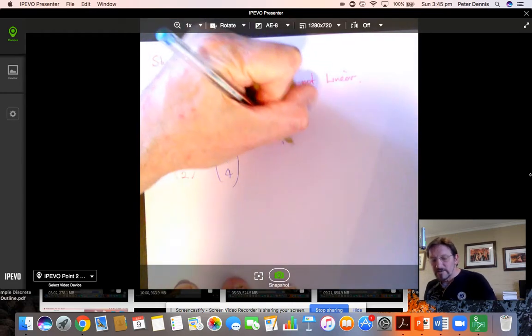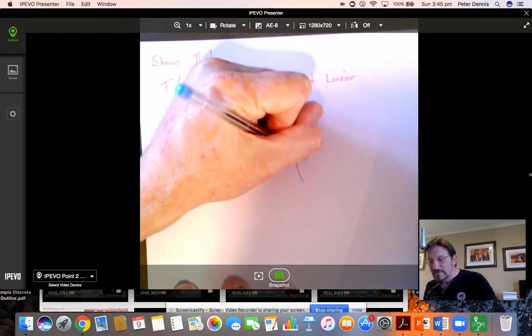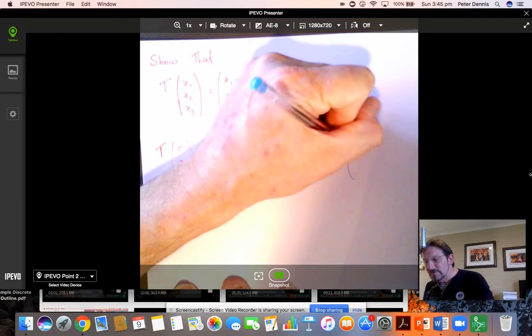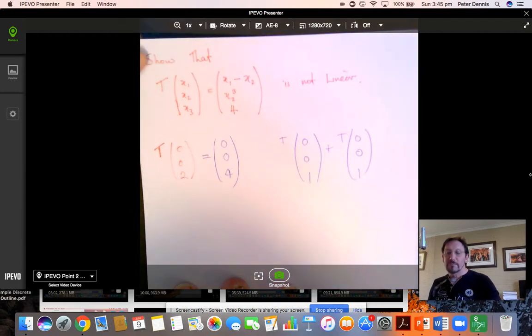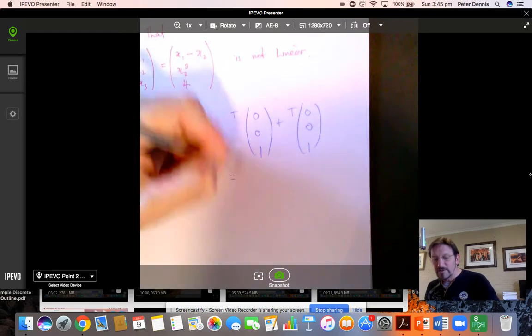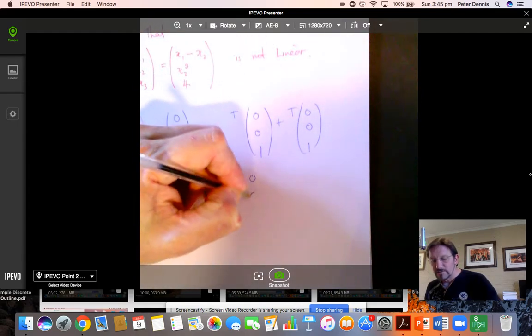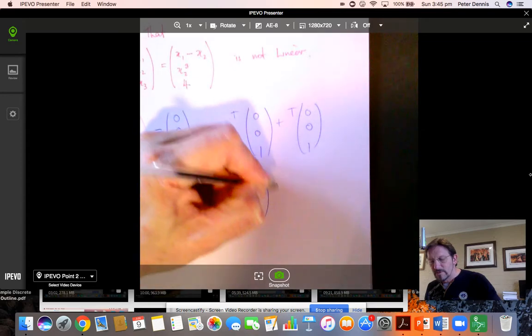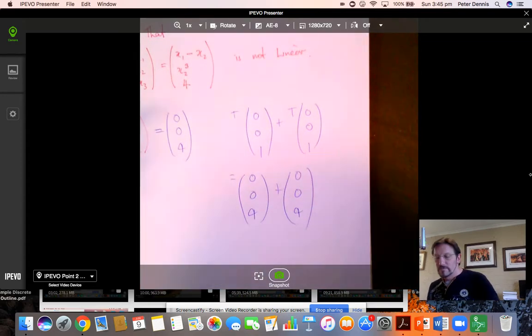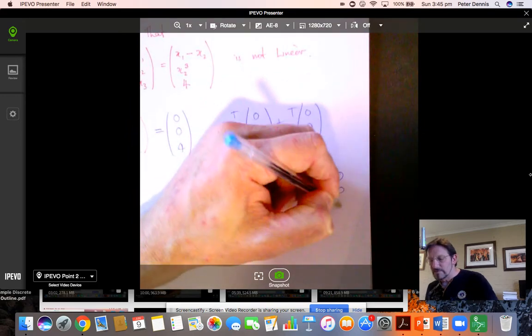But if we look at T of 0, 0, 1 plus the transformation of 0, 0, 1, the top's going to work fine. This is going to be 0, 0, 4 plus 0, 0, 4, which equals 0, 0, 8.